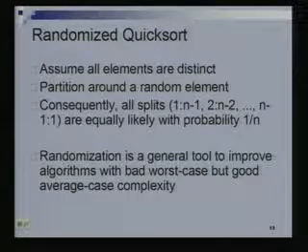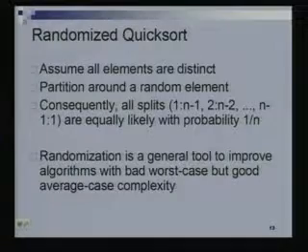It is 1 by n, because I could have picked any element. I do not know what I am picking. The 10th smallest element is as likely as the 11th smallest element, which is as likely as the 12th smallest element. The probability of each one of them is the same. We will see more examples of randomization in this course, and you will see it is a useful tool for designing algorithms.